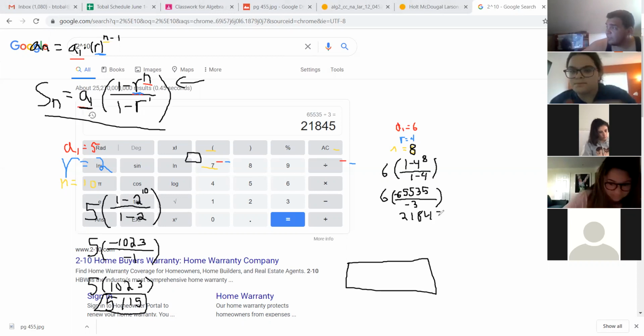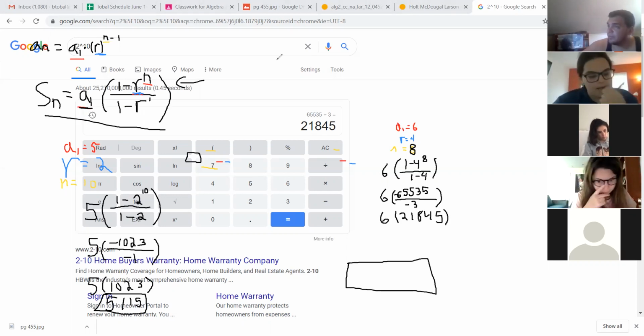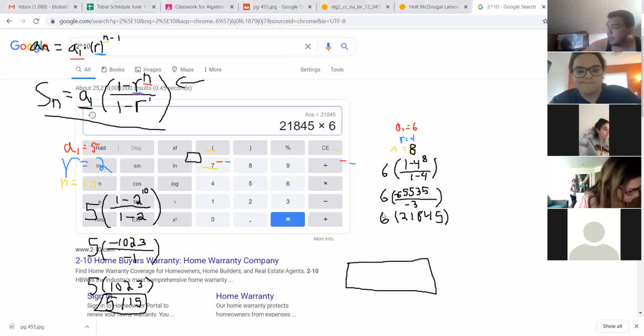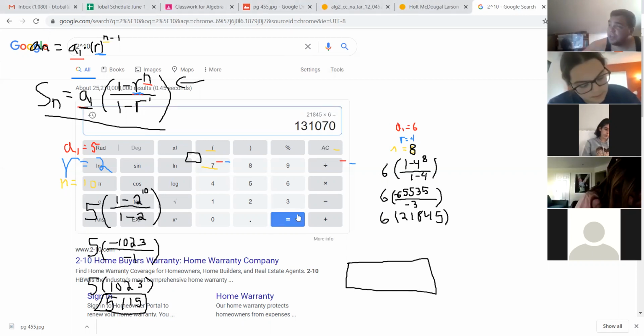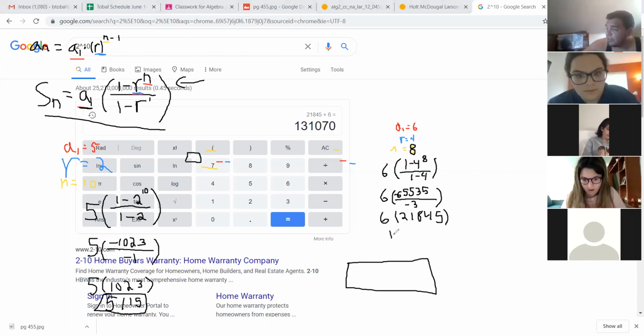Again, if you forgot to subtract the 1, you're going to get a repeating decimal, which wouldn't make sense. Then we're going to take that number and times it by the 6 that was on the outside. So you have a huge number, 131,070. So 131,070, okay? That's what I got.